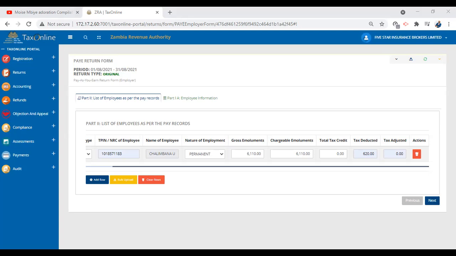Sorry, are you sharing the screen? The screen is not visible. I don't think it's being shared. Okay. Is that the case for everyone? I'm able to see the screen.